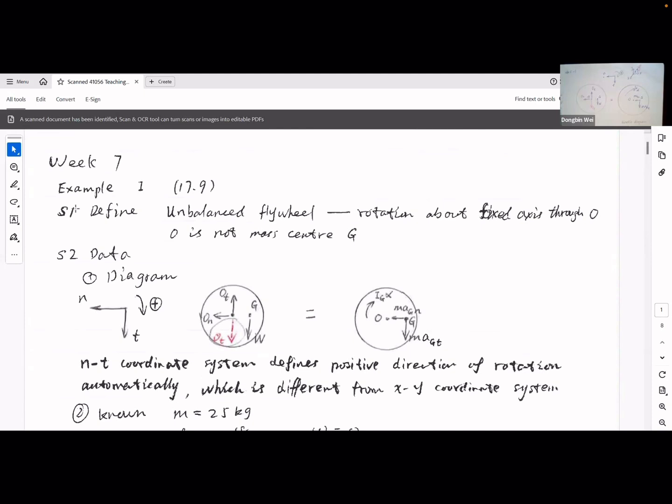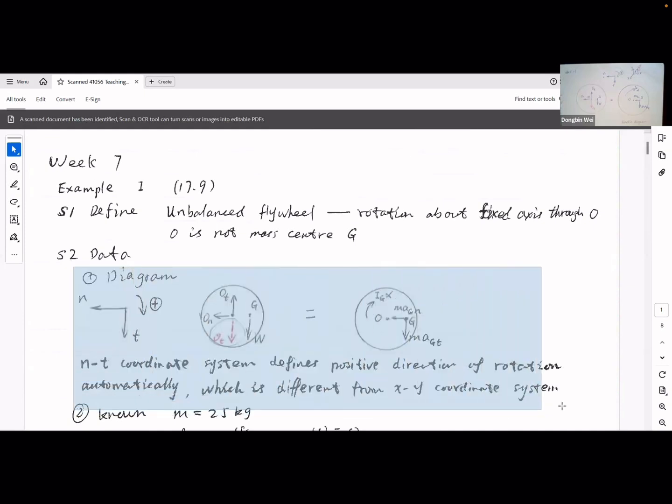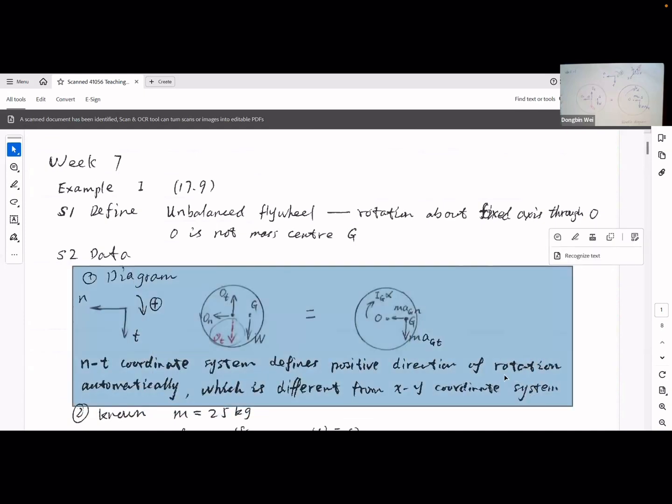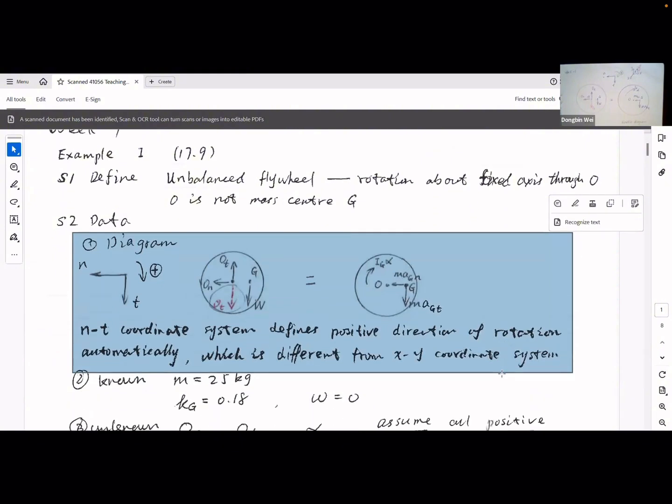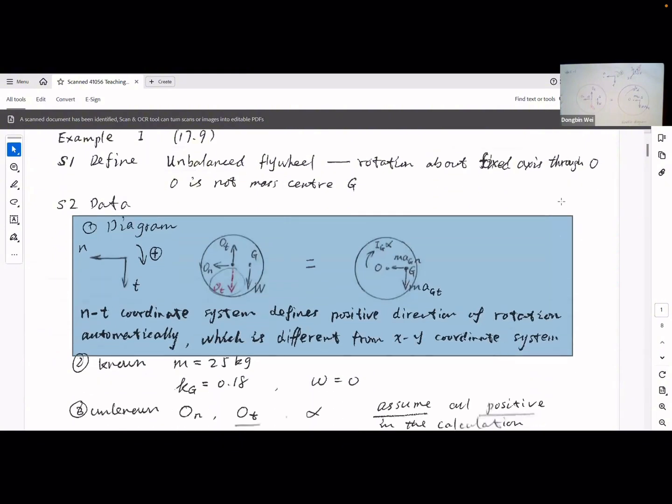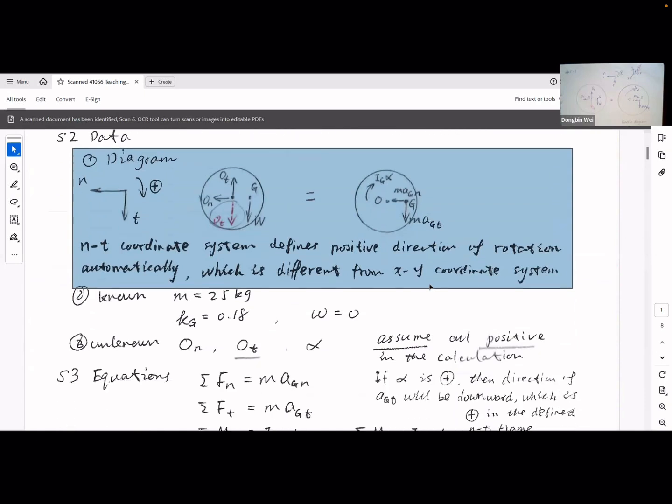So in the first step, we have defined this problem, and we already saw the free body and the kinematic diagram. And then we can collect all the already known parameters. We know M, we know Kg.